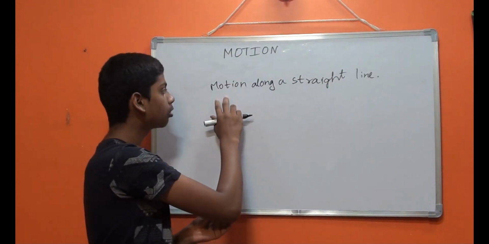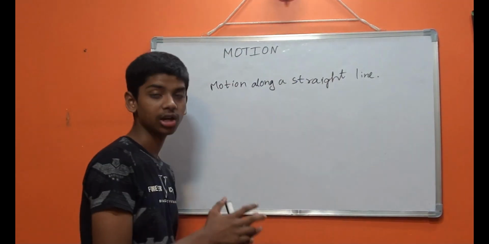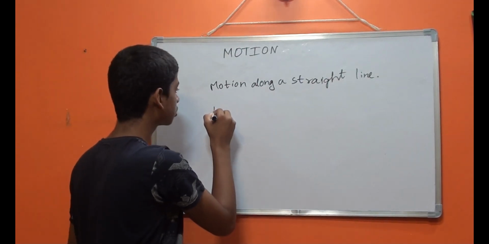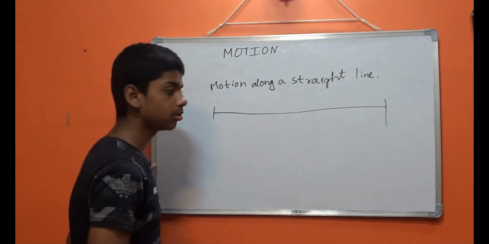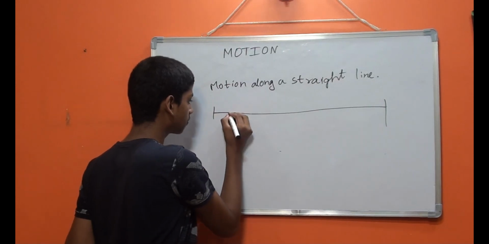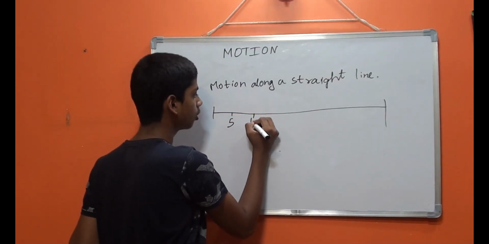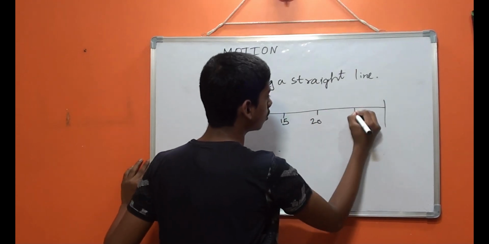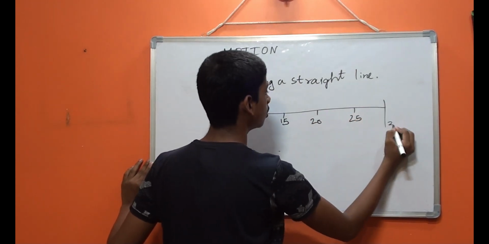Friends, now let's see about motion along a straight line. Let's take this as 5 kilometers, 10 kilometers, 15, 20, 25, 30.